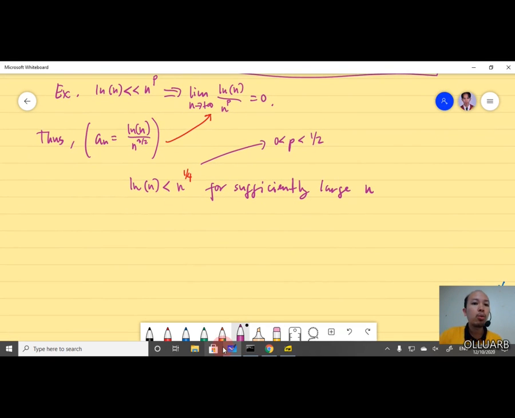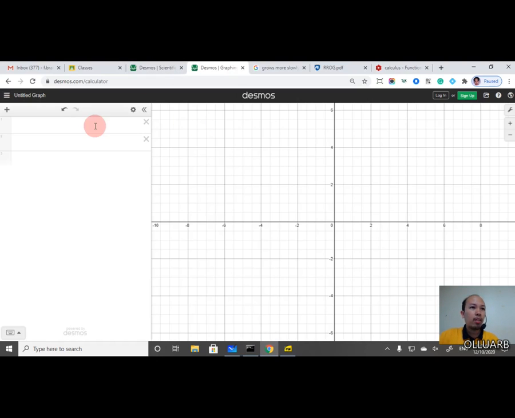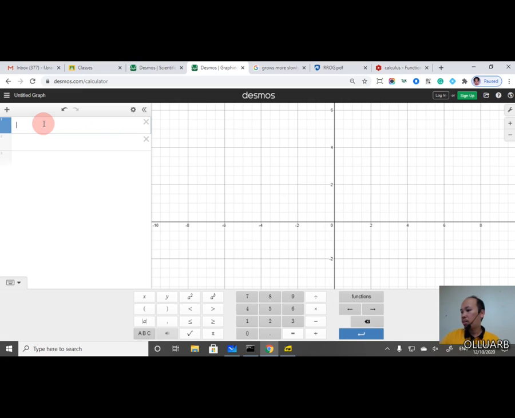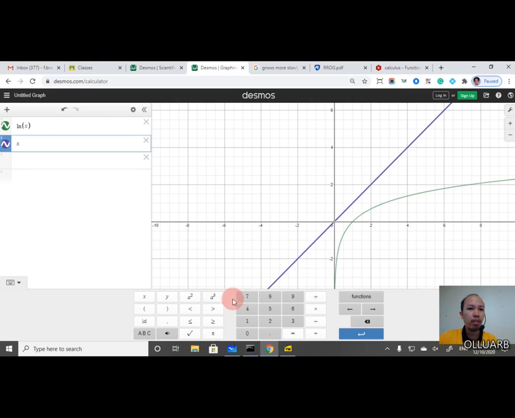So let's look at the graph of the functions ln n and n to the 1/4. Let's graph it in the Desmos calculator. We have ln of x, and then x to the 1/4.